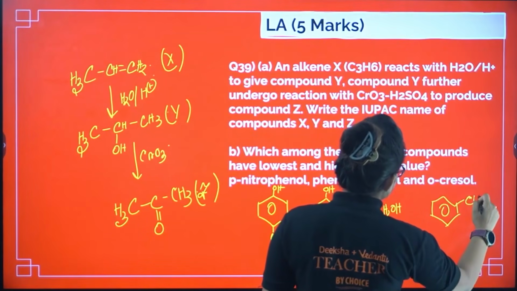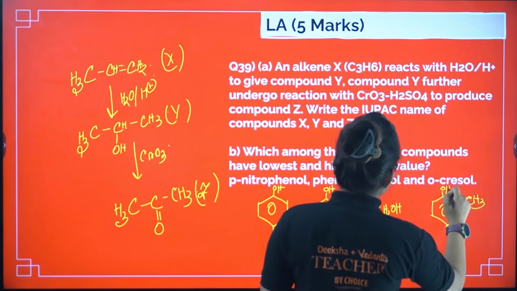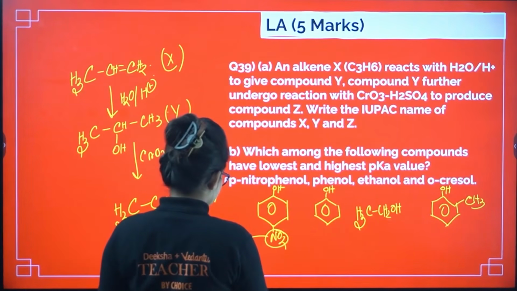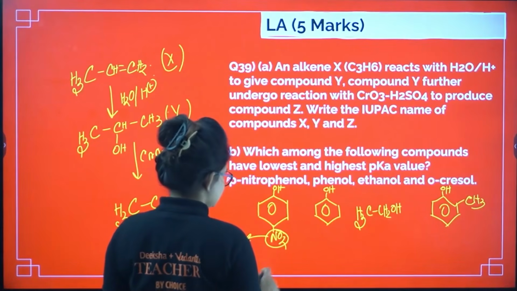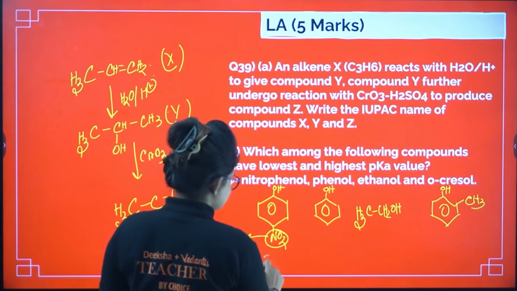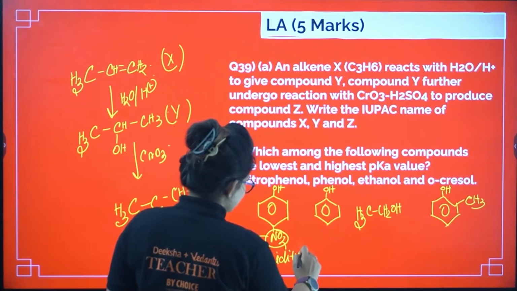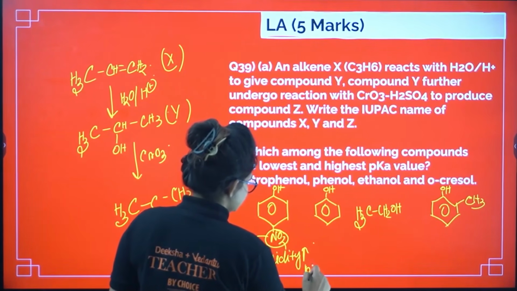In the ortho position, you are having one CH3 group. Here I am having one electron withdrawing group. An electron withdrawing group will always increase the acidity. So if acidity is high, it means the pK is lowest.